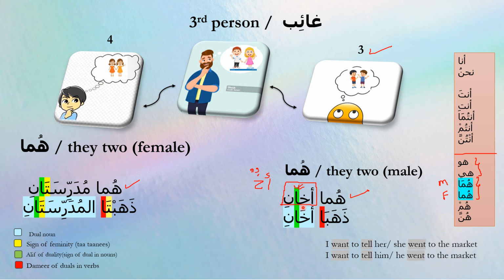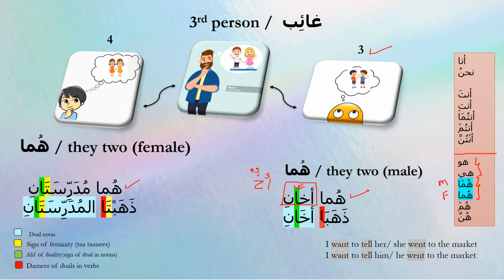And when the verb comes, how do you use the damir in the verbs? So the damir homa changes its structure and it loses its letters ha and mim, only the alif is left. Now here when I use the verb dhahaba, dhahaba means he went, and when you use the damir alif, as I told you, the whole pronoun letters are deleted, only the alif is left.